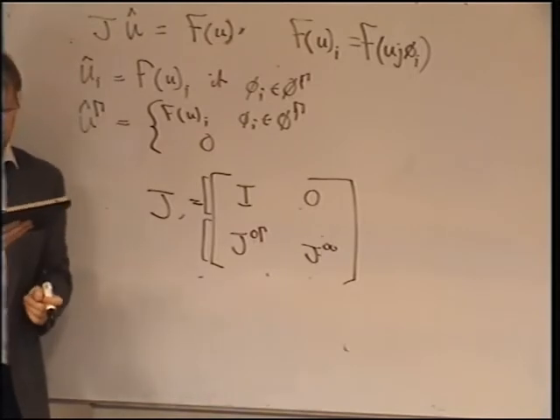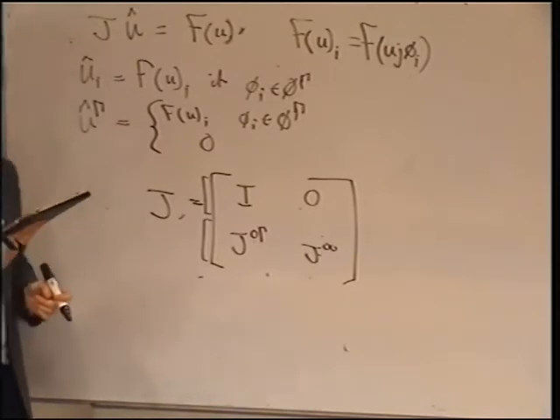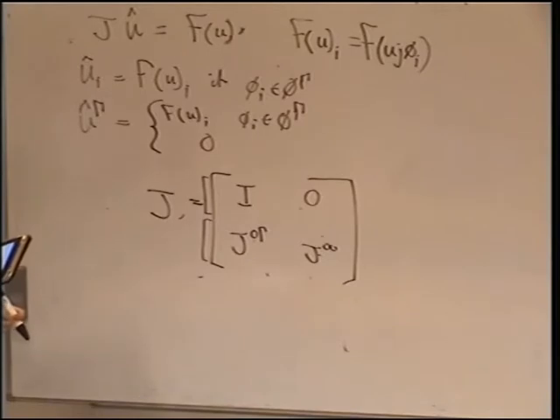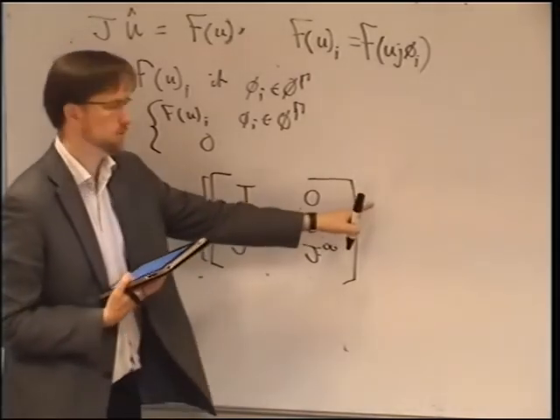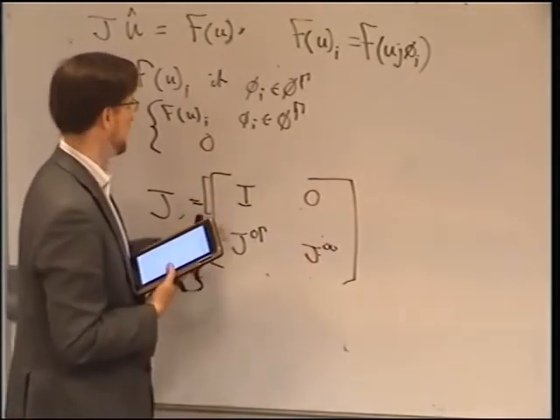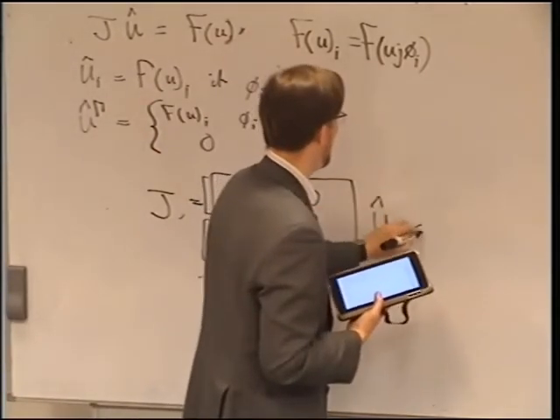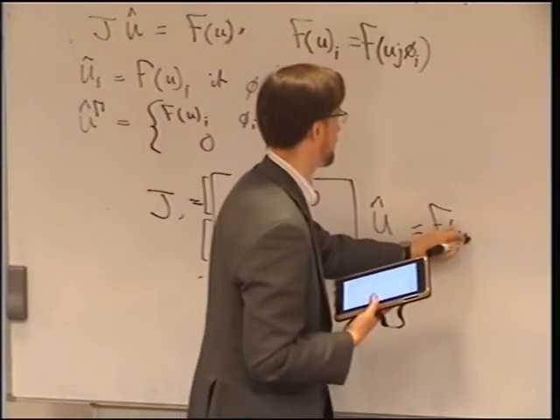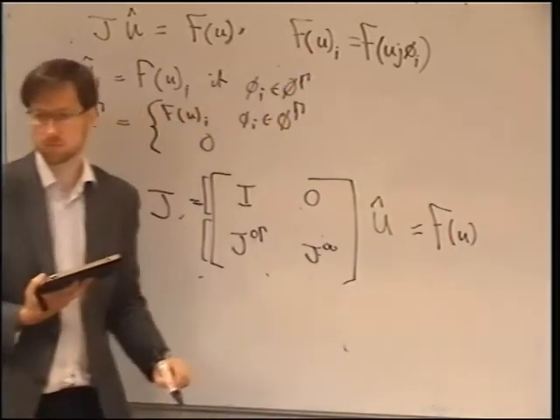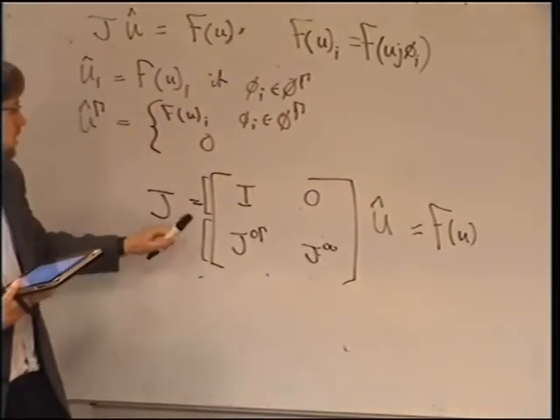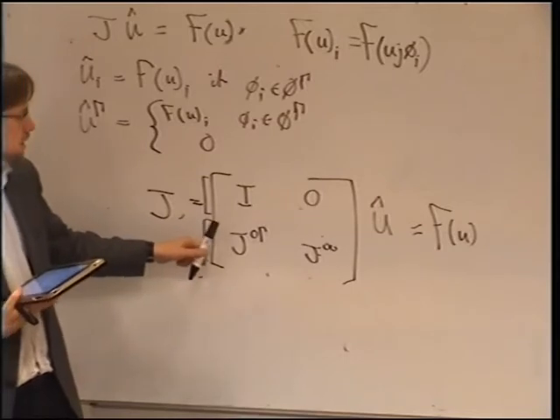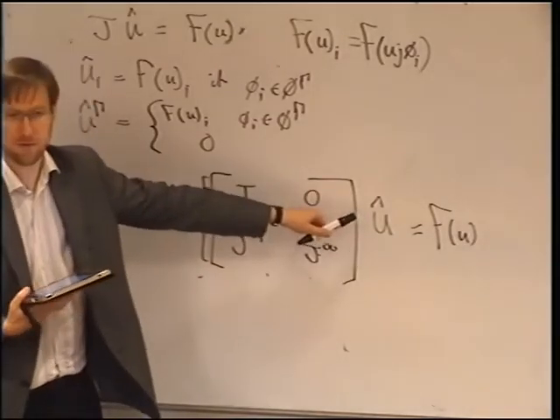The reason why that's useful is because that means I know part of the solution variable. Remember, I'm solving this matrix times u hat equals the residual. So I know this part of the solution.